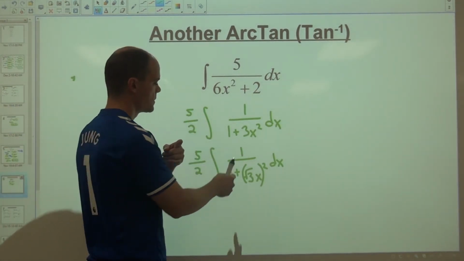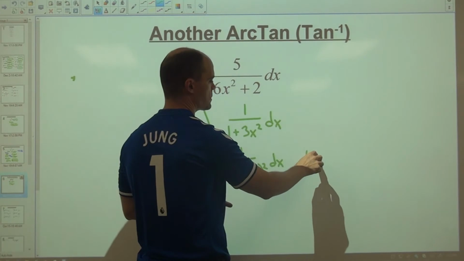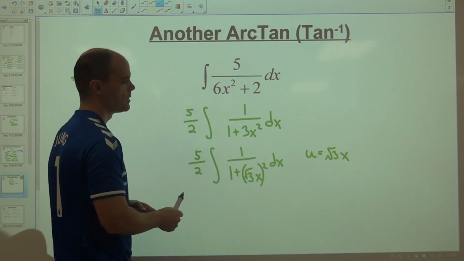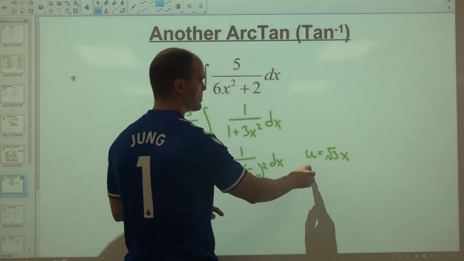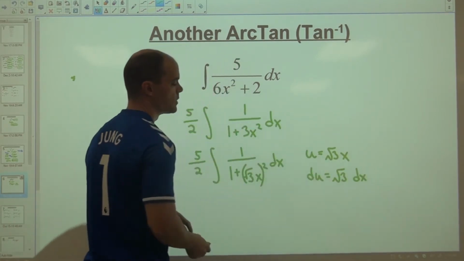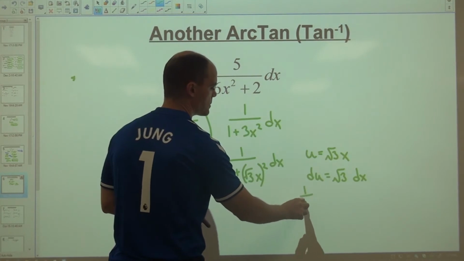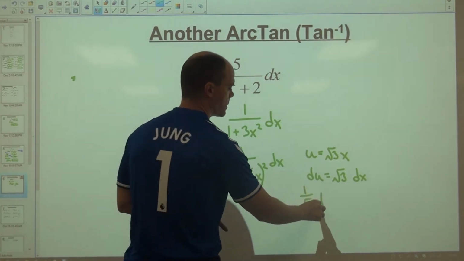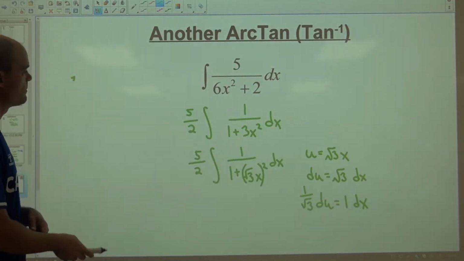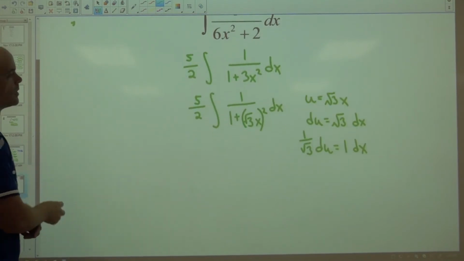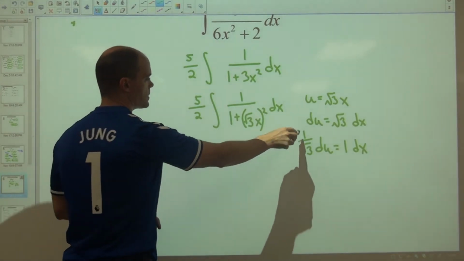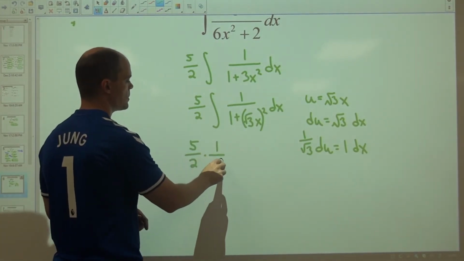Now we do the calculus. This is addition, so we're ready to roll with some inverse tangent. U will always be the piece inside the parentheses if we're doing inverse tangent. So certainly du is going to be just this, and we don't want that, so we need to cancel it with a reciprocal. So I end up with this equals 1 dx, and now I can pull off my substitution. So I end up with 5/2 times this goes out front to cancel it.